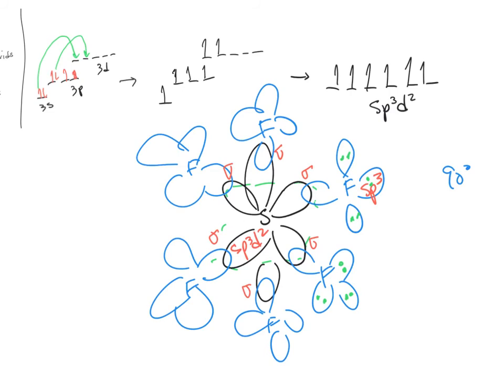So this one is SF5 minus. This is a good example because it shows what to do with the extra electron. So you have sulfur with 1, 2, 3, 4, 5, 6 around the central atom. The negative charge is the 7th electron around sulfur. Then you're going to make 1, 2, 3, 4, 5 bonds to fluorine.